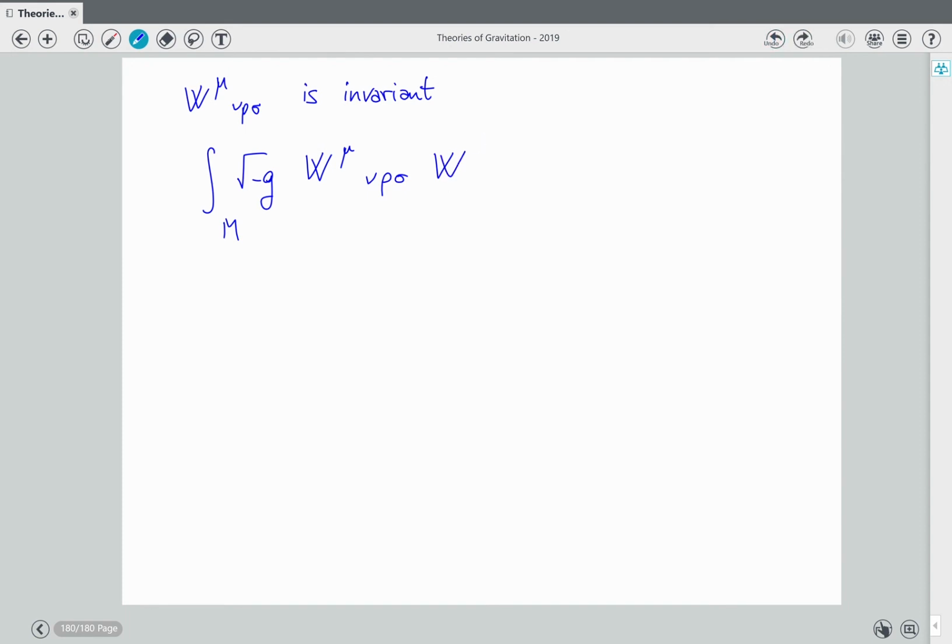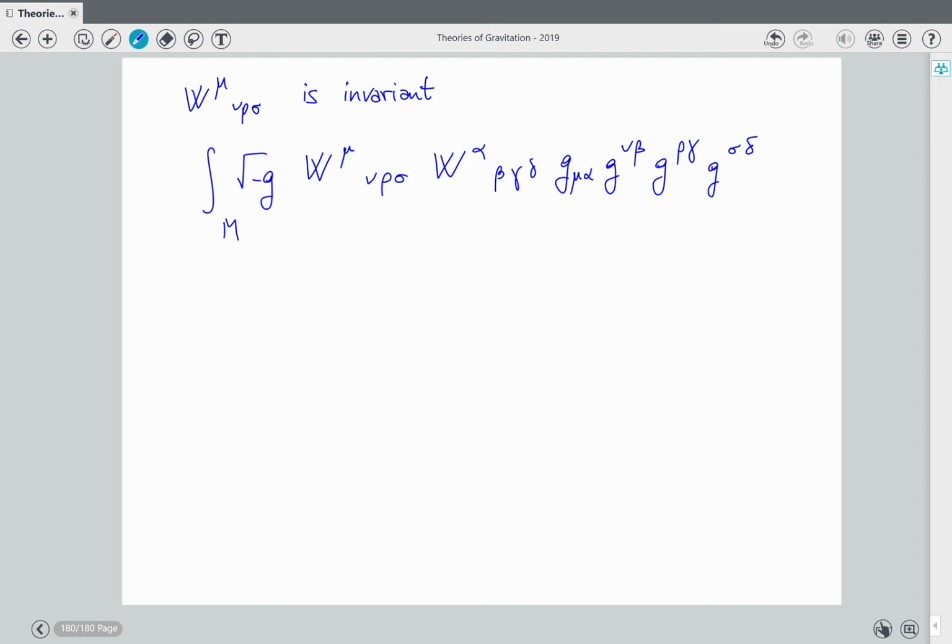You can write it this way. So it's W squared. So you contract mu with alpha, you contract nu with beta, rho with gamma, and sigma with delta.